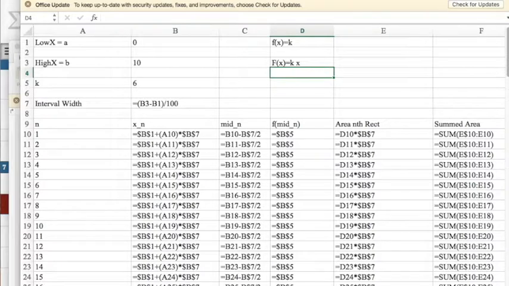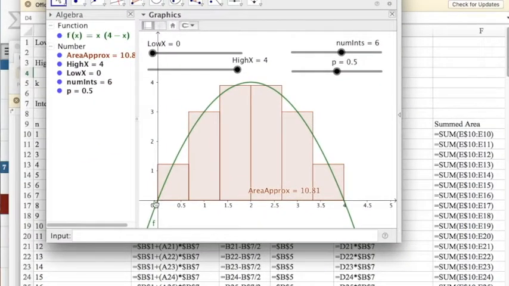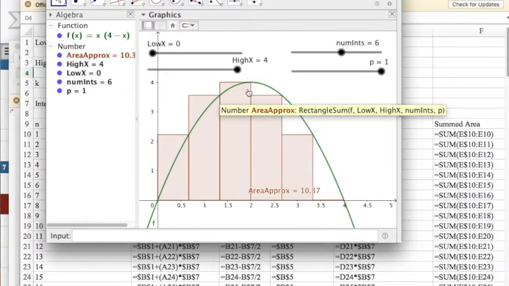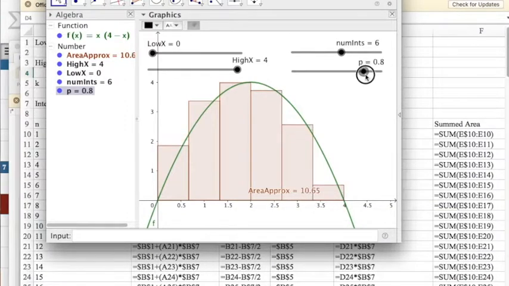The right-hand rule starts with 0 plus 1 interval. That's how high the first one was. Evaluating at the right-hand side, so 2 times the interval width, 3 times the interval width, 4 times, 5 times, 6 times the interval width. As I said, we're going to back up half a step.